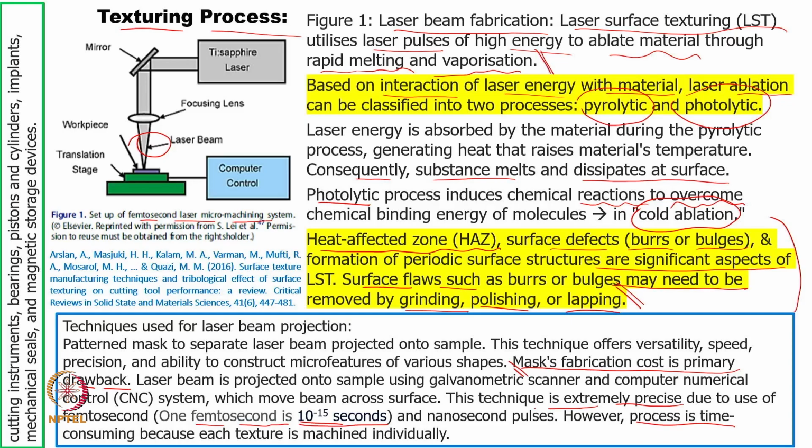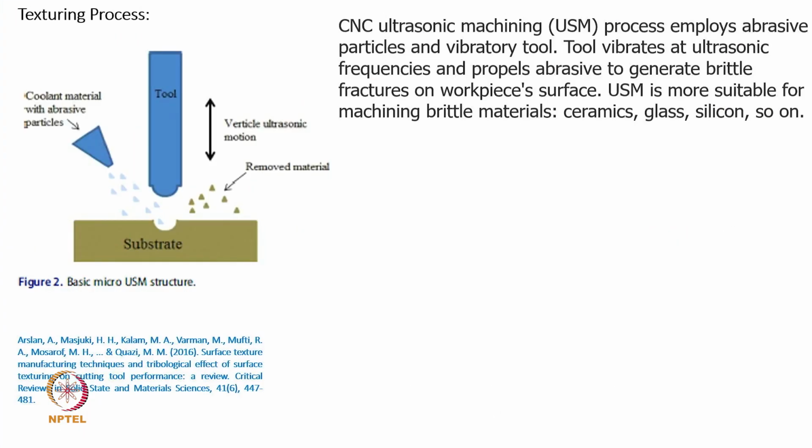Now, most of the surfaces these days are getting manufactured with this kind of laser micro machining system. You can see here that most of the cutting instruments, bearings, pistons, cylinders, implants, biomedical implants, mechanical seals and magnetic storage devices are manufactured using the laser micro machining system.